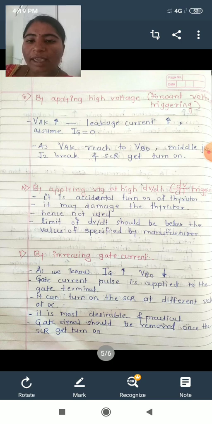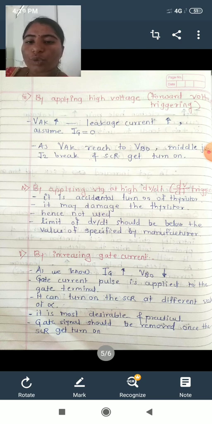What happens in this case? It is an accidental condition. Accidental condition means we suddenly increase the applied voltage. Due to the sudden increase in the voltage, your SCR or thyristor gets damaged, and hence it is called an accidental condition.